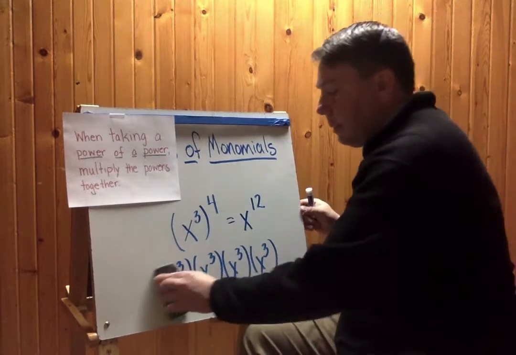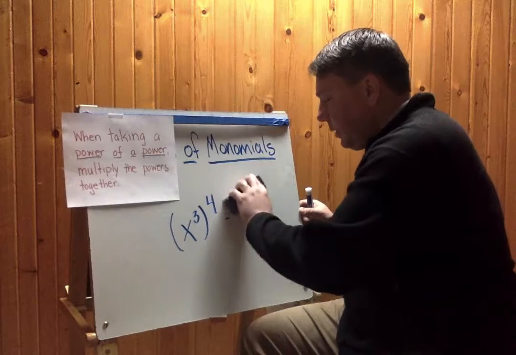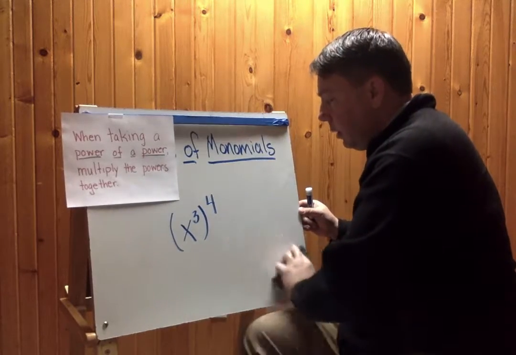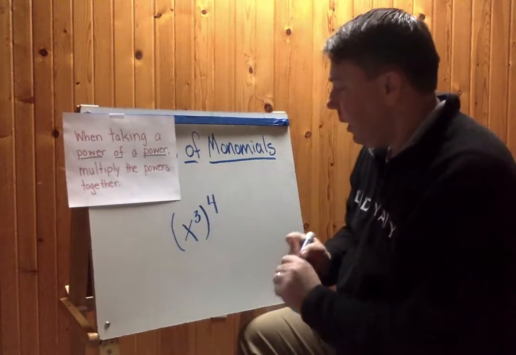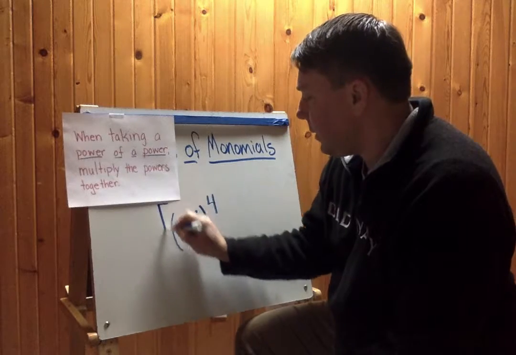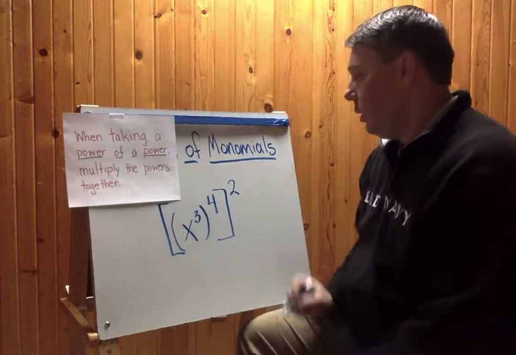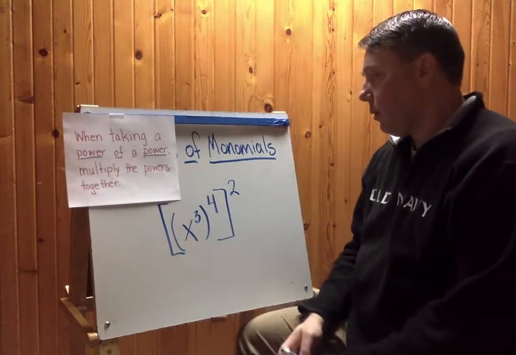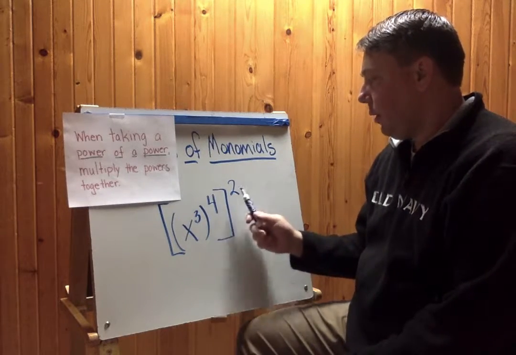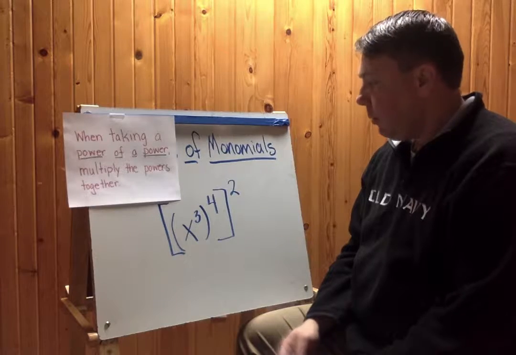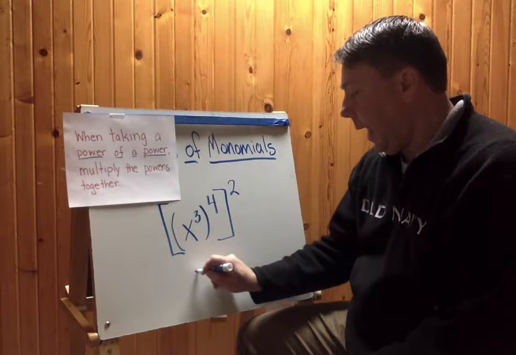And I've even seen them take this and raise it to another power. So let's say we had another set of grouping symbols, brackets here, and you put a 2. So now we're raised to 3 powers: to the third, to the fourth, and to the second. It still works the same way. x is the base.